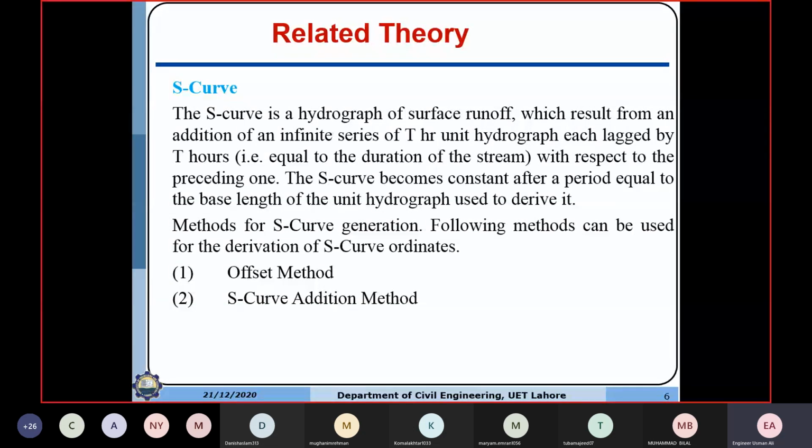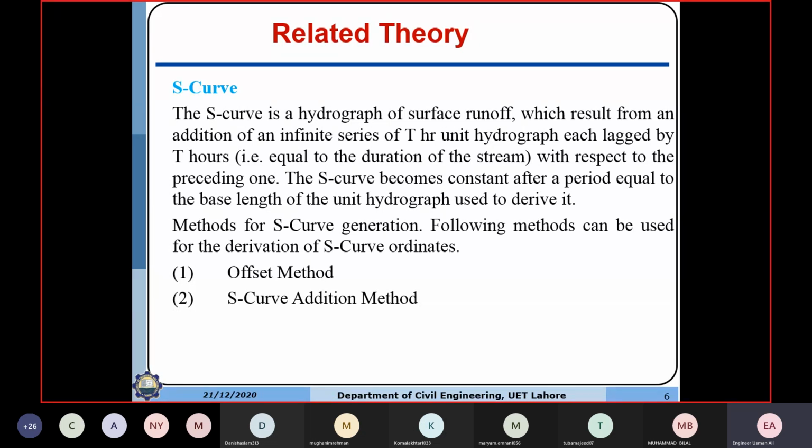So if we have a number of unit hydrographs of the same duration, and each hydrograph is delayed or lagged from the preceding hydrograph by a time equal to the duration of the given unit hydrograph. For example, if we have a 4-hour unit hydrograph, we will make a number of offsets of the 4-hour unit hydrograph, and each will be lagged by 4 hours from the previous one.